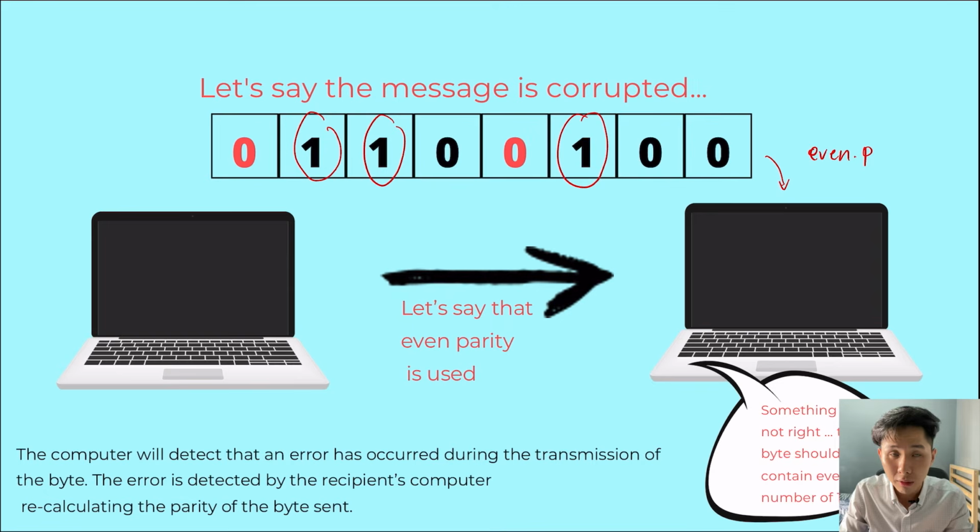This is how errors can be detected by the receiving computer. They will calculate the number of 1 bits, and see whether even or odd parity is used. Based on the answer, they will determine whether the byte has been corrupted or not.